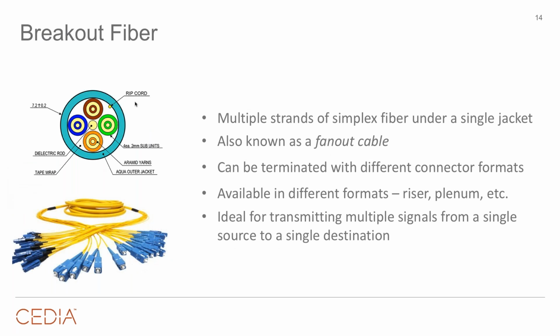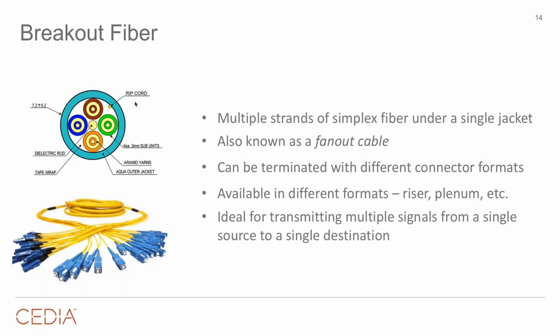Breakout fiber has bulkier individual strands and a multi-strand cable, so we can get higher strand counts under that single jacket. But this allows us to work with multiple different drops of cable, running them from point A to point B. These are also known as fan-out cables.